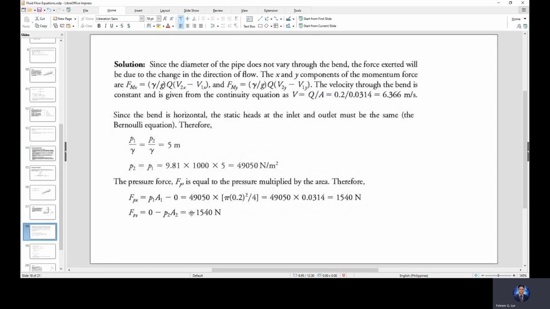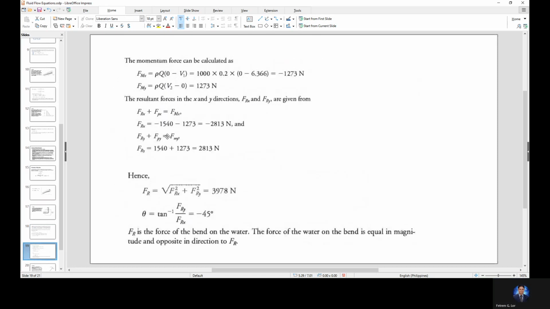Positive is going to the right, I think that's the assumption of the book. Going to the left is negative. Going upward is positive, going downward is negative. So along y it is negative, P2, indicating it is going downward. That is the force due to pressure.